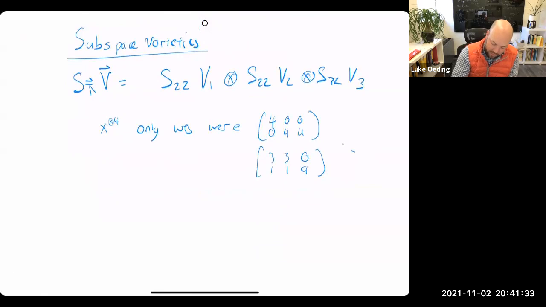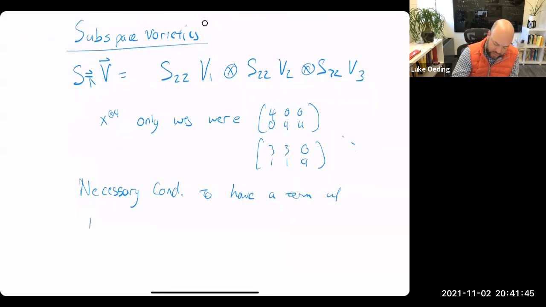But a necessary condition to have a term with a non-zero pairing is weight 2, 2 in every factor.